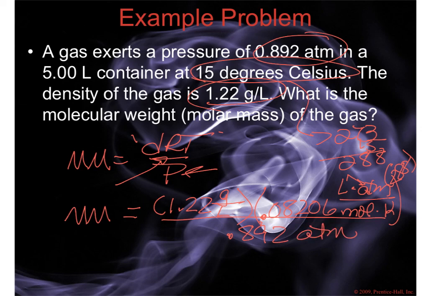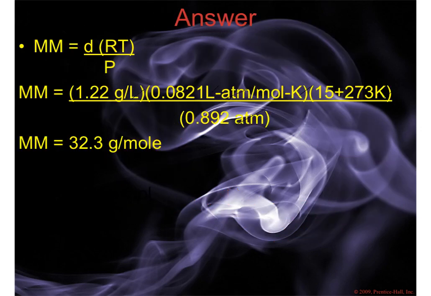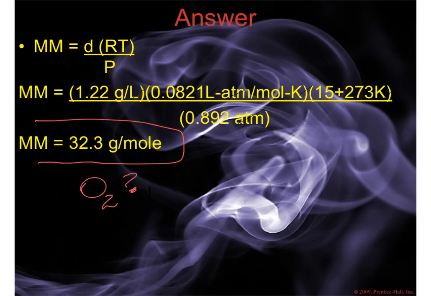All right, so when we plug all that into our calculator, the molar mass we get is 32.3 grams per mole. And right away, we're not positive what it is, because there is more than one gas with close to that molar mass. But I immediately think about molecular oxygen, which has a molar mass of 32.